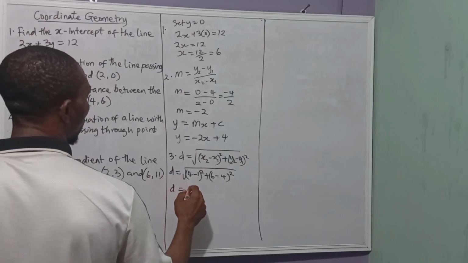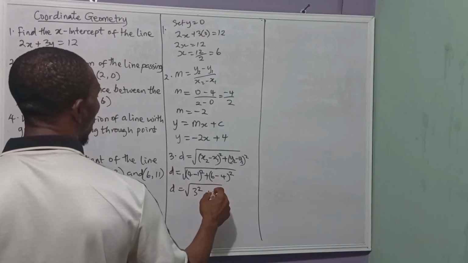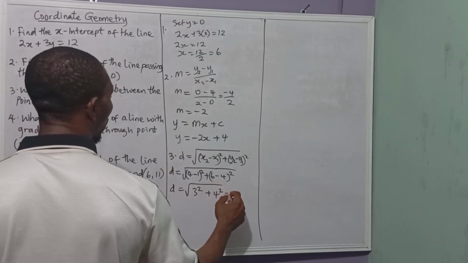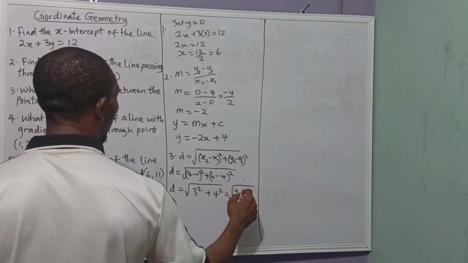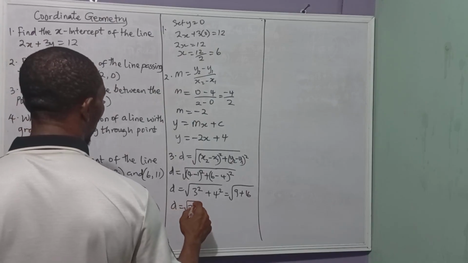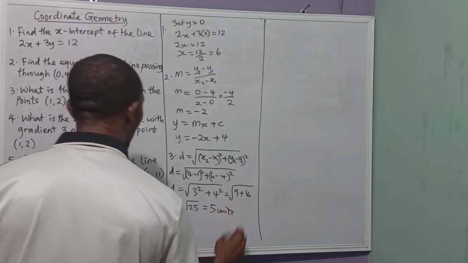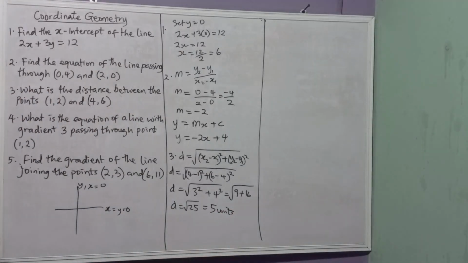Our d becomes root of 3 squared plus 4 squared, which is root of 9 plus 16. Our d equals root 25, which gives us 5 units. So the distance between the 2 points would be 5 units.